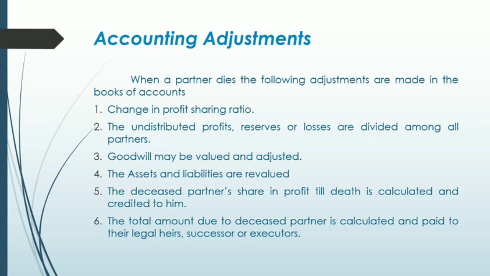Goodwill may be valued and adjusted. The assets and liabilities are revalued. The deceased partner's share in the profit till death is calculated and credited to his account, and the total amount due to the deceased partner is paid to their legal heirs or successors or their executors.